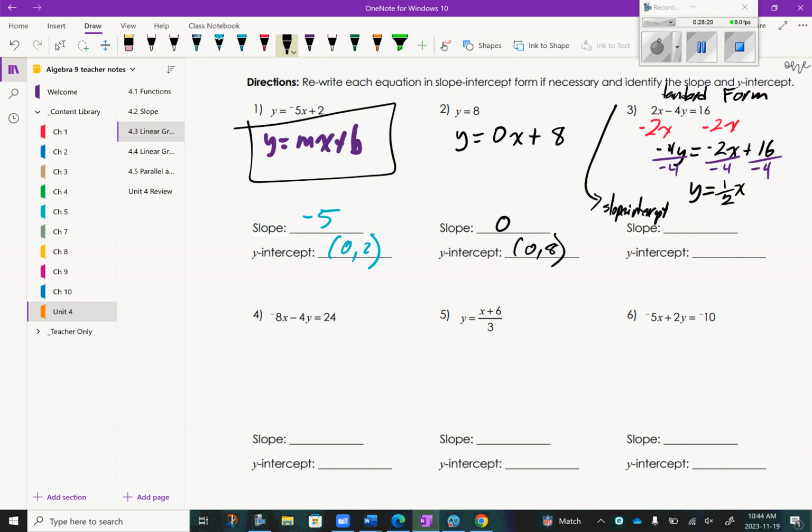And then for the constant, 16 divided by negative 4, that's negative 4. So this is now slope-intercept form. It looks like y equals mx plus b. So now I should be able to just read from that equation. The slope is positive 1/2. The y-intercept is at 0, negative 4.